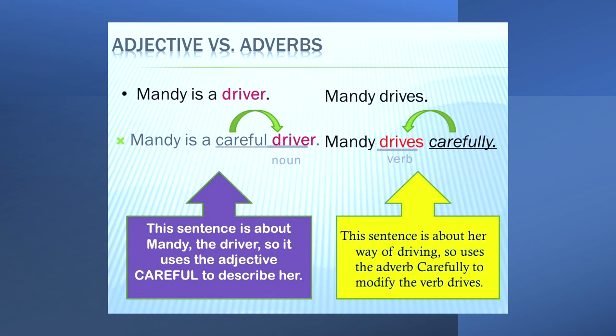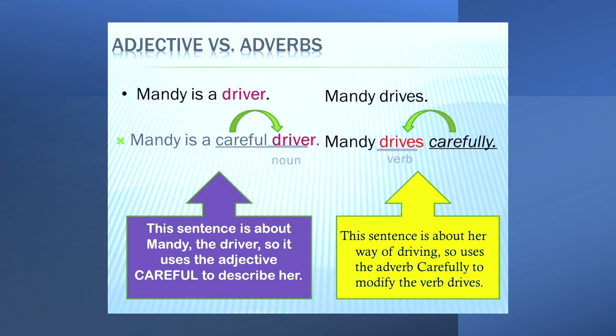And the word careful tells you how the driver is. It describes the driver. So careful is your adjective. On the other hand, if I say Mandy drives carefully, here the word carefully tells you about the verb drives. Alright. So carefully is your adverb.